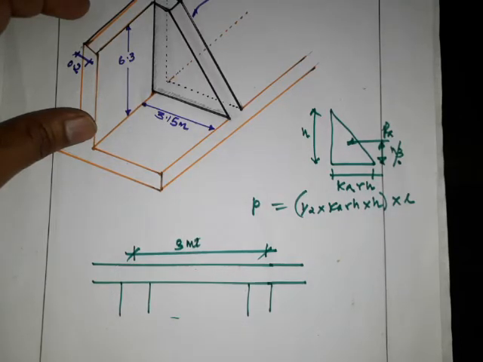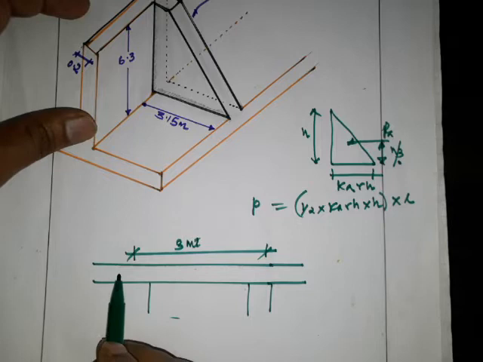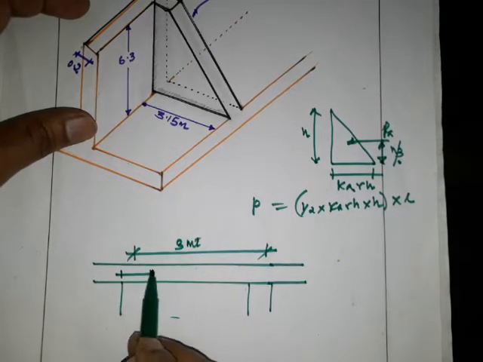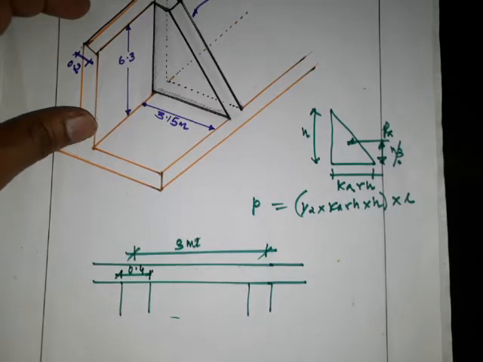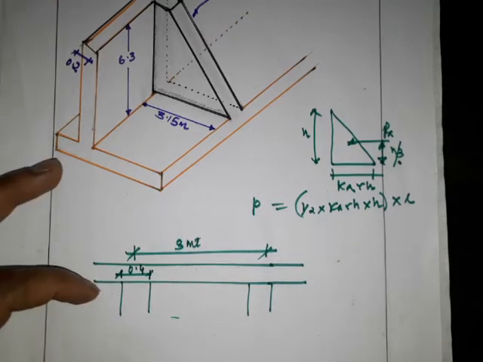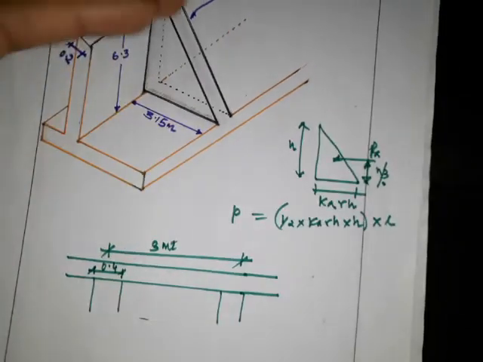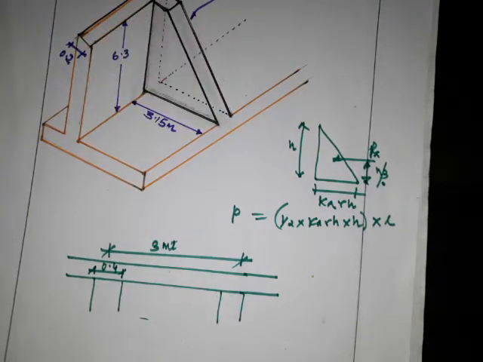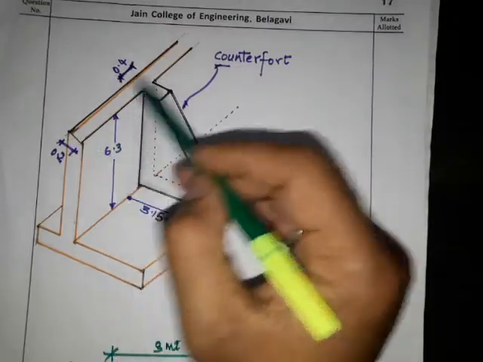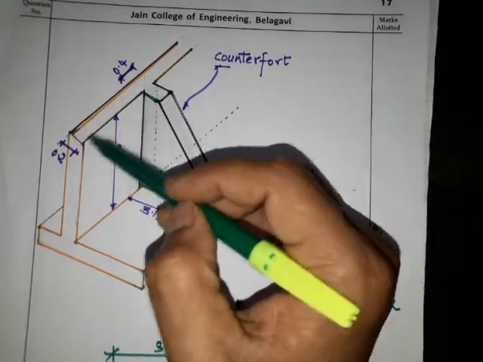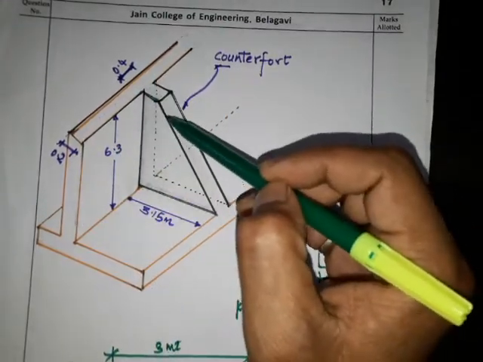Okay, so we have to consider this as a beam, so the width of the beam is 4 meter. And what should be the depth? So depth is nothing but this. So it is like a T beam slab. So this we have to consider as a slab, and this is a beam, T beam section.